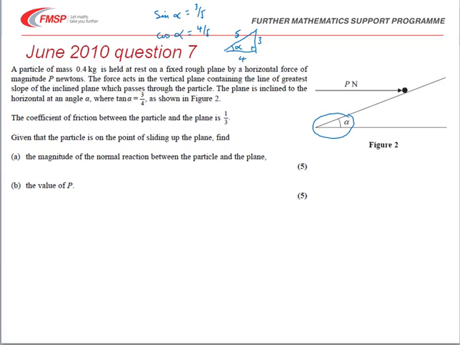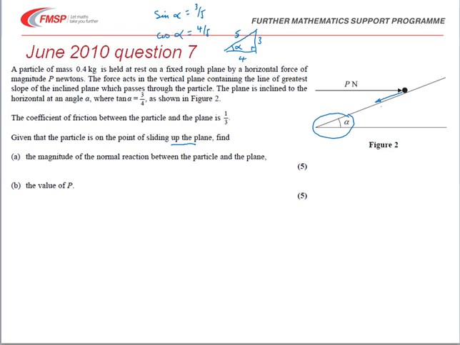Given that the particle is on the point of sliding up the plane, find the magnitude of the normal reaction between the particle and the plane, and secondly the value of P. Now the fact that the particle is going up the plane means that the frictional force is going to be acting down, and it's on the point of sliding.